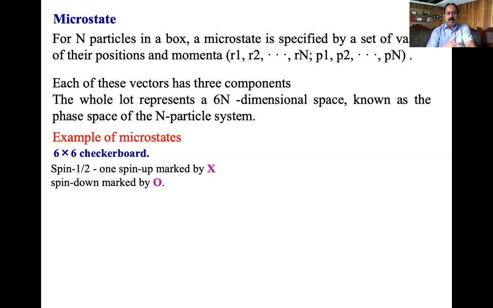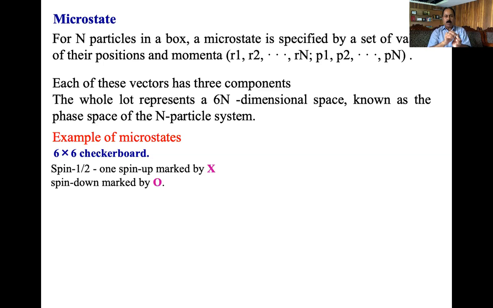For a particular particle, there are the parameters for position R and momentum P. So at a moment, at a glance, I have taken the total scenario of the system.